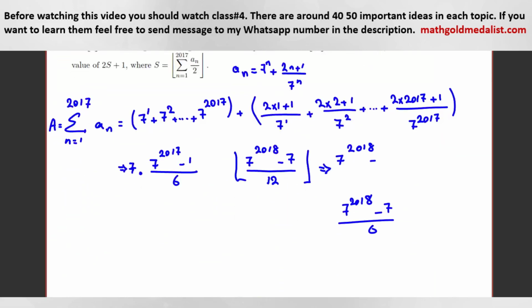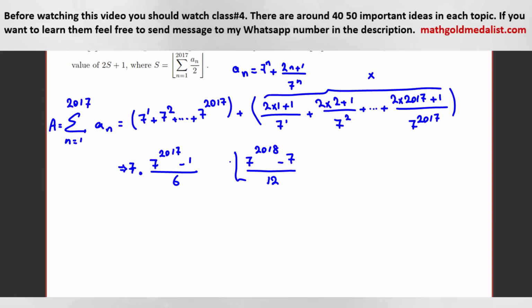Okay, let me tell you this part. When we calculate, for example, this part that you said was less than 1, it was x. So when you divide this by 2, it will be plus x over 2, right? Mm-hmm. Let's write it like this: 7 to the 2018 minus 1 over 6, minus 7 over 6, plus x over 2.